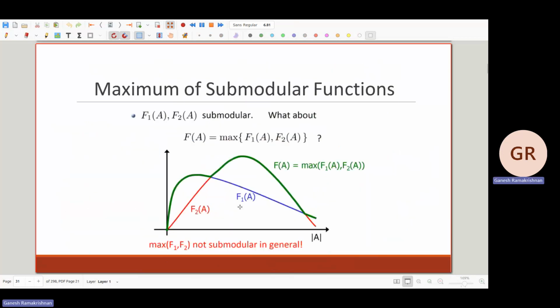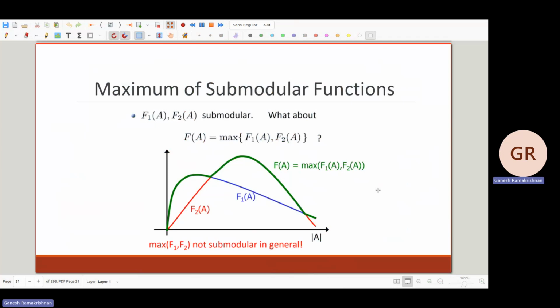Okay, so there are some other interesting properties. Maximum of submodular functions, are they submodular? Like maximum of convex functions, were they convex? We saw that long back. Piecewise linear functions, right? We took their max. A minimum of concave functions. That's how we proved the Lagrange dual to be concave, right? Oh, sorry, concave always.